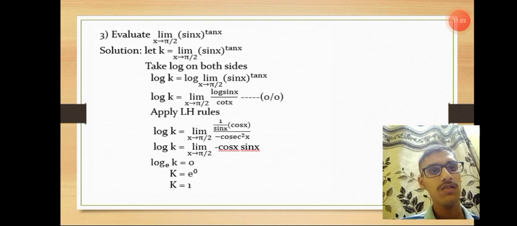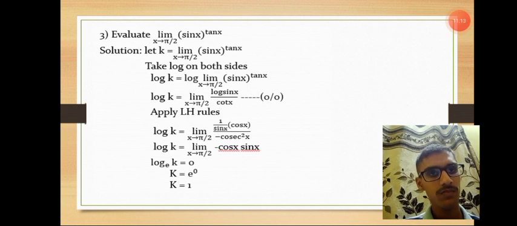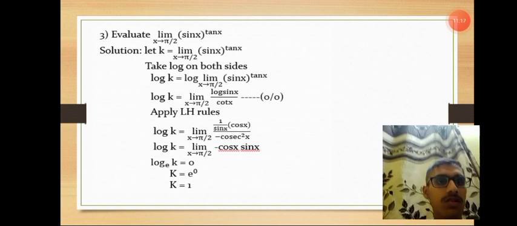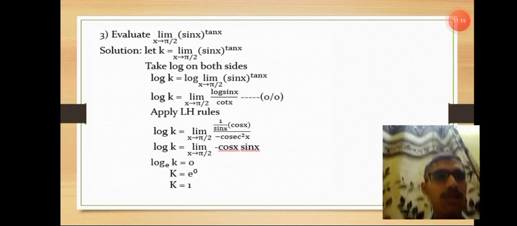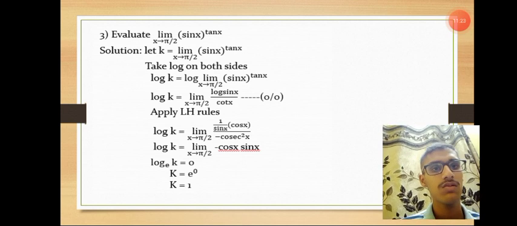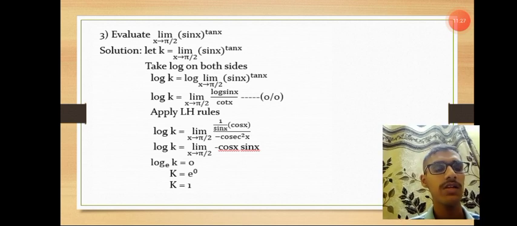After taking log, we get log k equals log of limit x tends to pi by 2 of sin x raised to power tan x. After simplification of log function, tan x is a power and it can be written to the left side of the log. Then tan x is written as 1 by cot x.